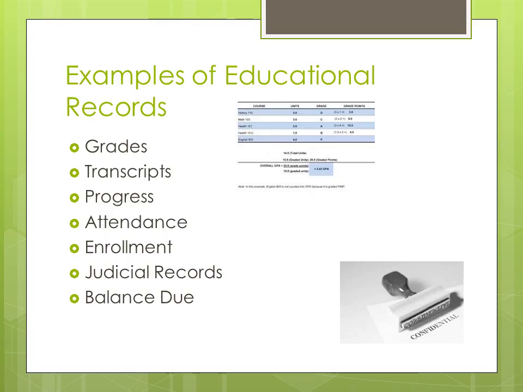Some examples or types of protected information are grades, transcripts, academic progress, balance due information, class attendance, accommodations for disabled students, and academic judicial records.